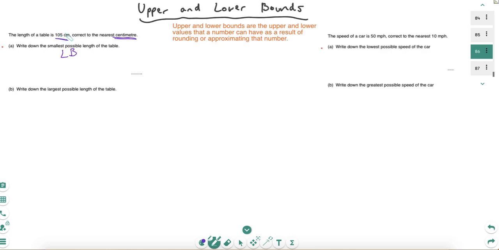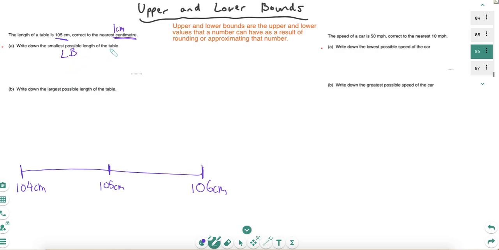So we know the table is approximately 105 centimeters, so we'll draw our number line. And our degree of accuracy is to the nearest centimeter, aka the nearest 1 centimeter. So we're going to add and subtract 1 centimeter from both sides: 106 centimeters and 104 centimeters.